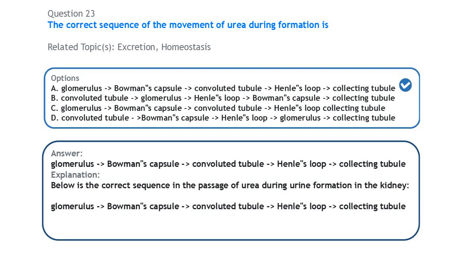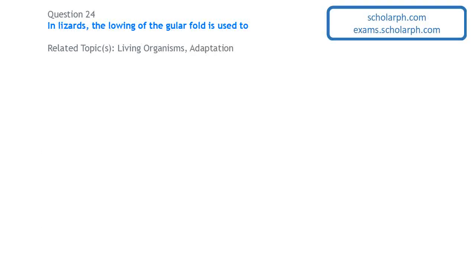From the Bowman's capsule, it goes into the convoluted tubule, and from the tubule to the Henle's loop, and finally to the collecting tubule.